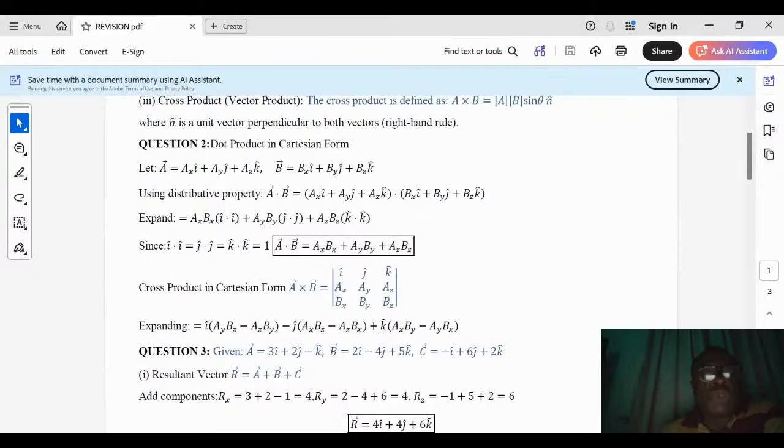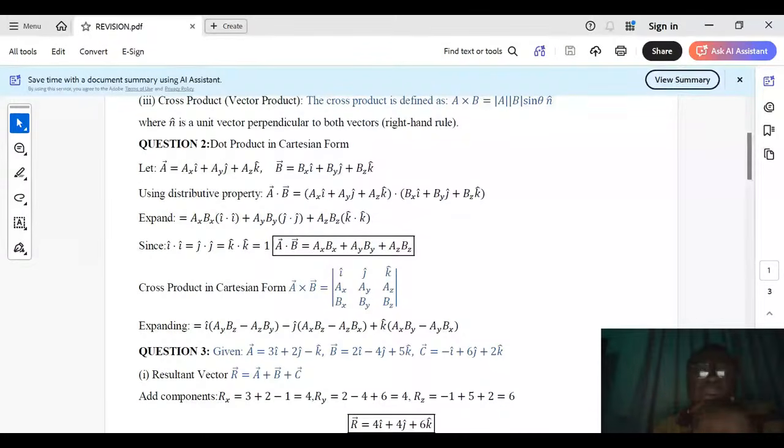Using the distributive property, A dot B is (AXi plus AYj plus AZk) dotted with (BXi plus BYj plus BZk). Remember, if you want to multiply, take the first term and multiply by all the terms in the bracket.